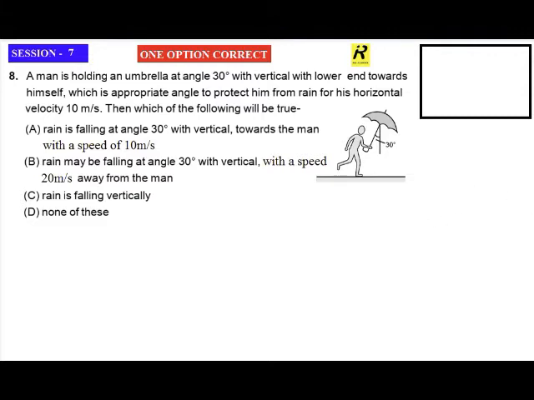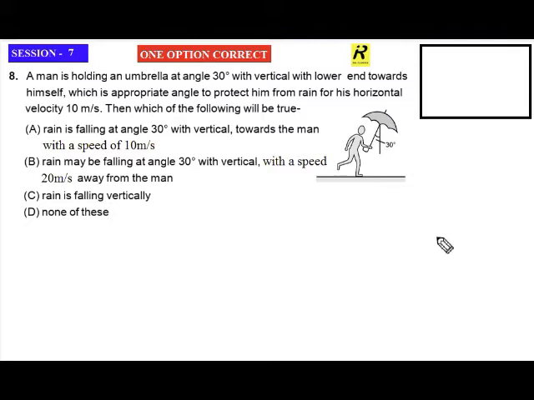So now the vertical angle that appears here, this is the effective velocity of the rain. Effective velocity of the rain. So now one thing you have to observe, the effective velocity will make what angle with the vertical?